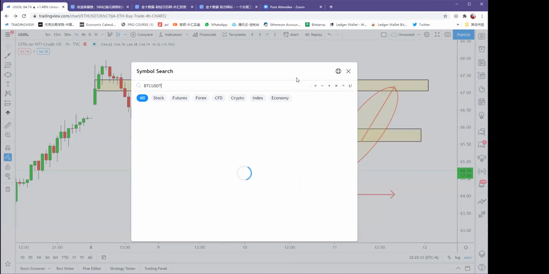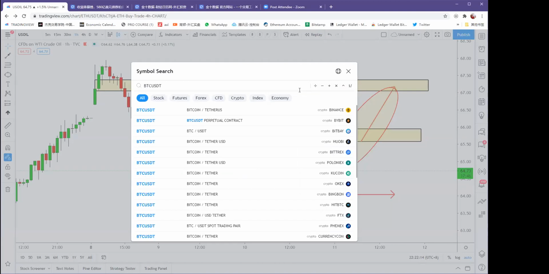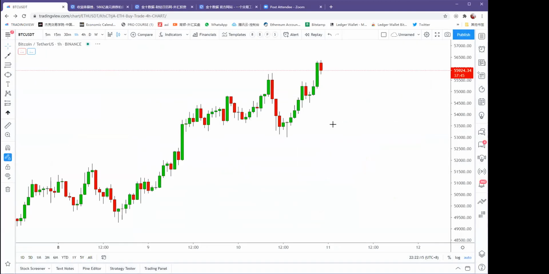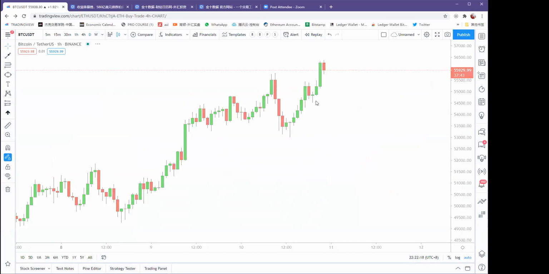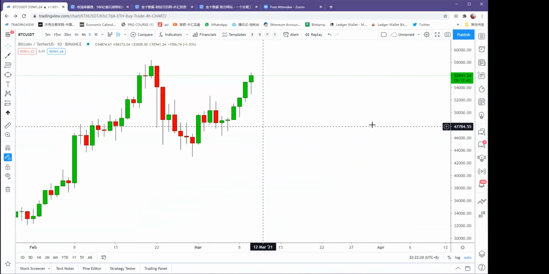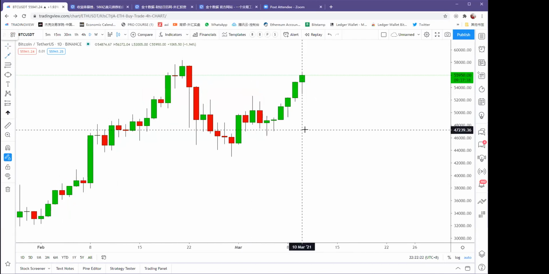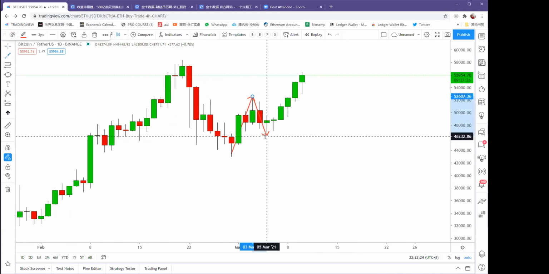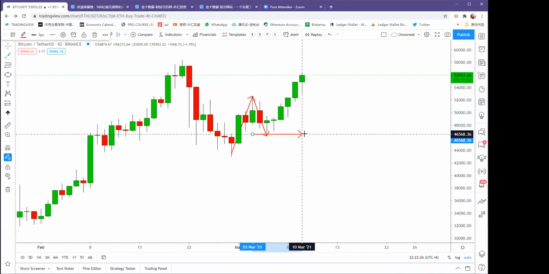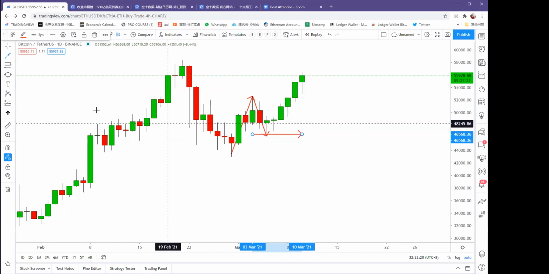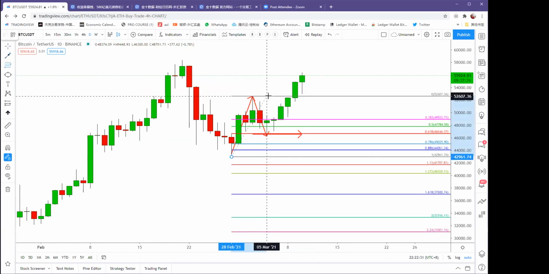Okay, come to the Bitcoin. Bitcoin has a nice rally. Last week I gave the pullback trade here around 46k, the 618 level. 46,646, right?